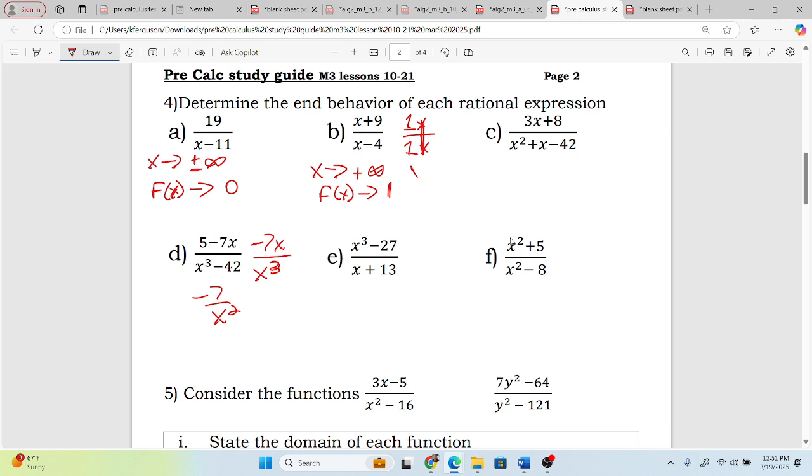But if I had, like Akira said, 9x squared plus 5 and negative 4x squared plus 8, and so this is inconsequential. These two things will cancel each other off, and this is what my end behavior would approach. Does everybody follow? Yeah.